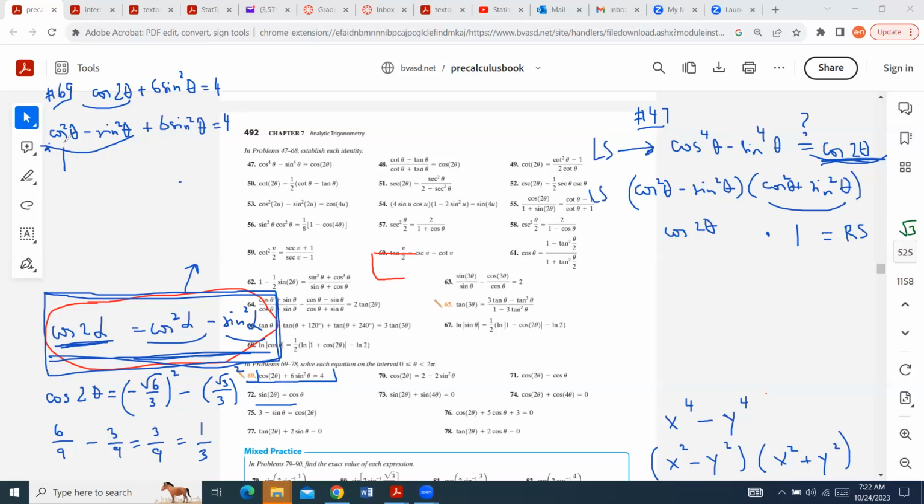It'd be better if I could replace it with, remember, sine squared plus cosine squared is equal to 1. So instead of cosine squared, I could put 1 minus sine squared.